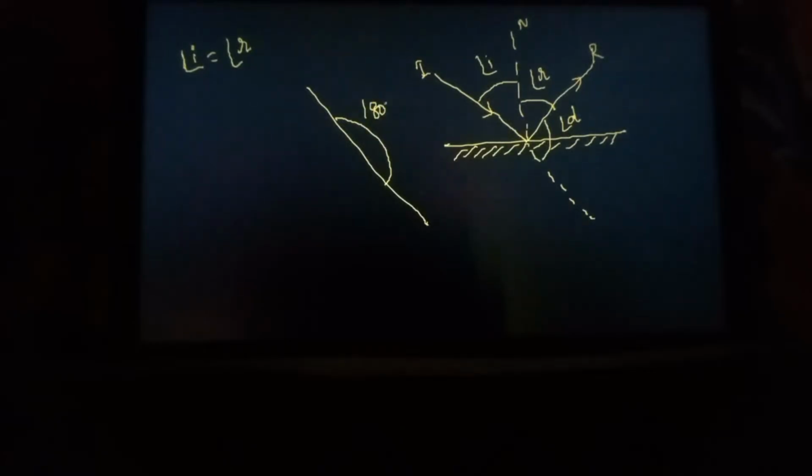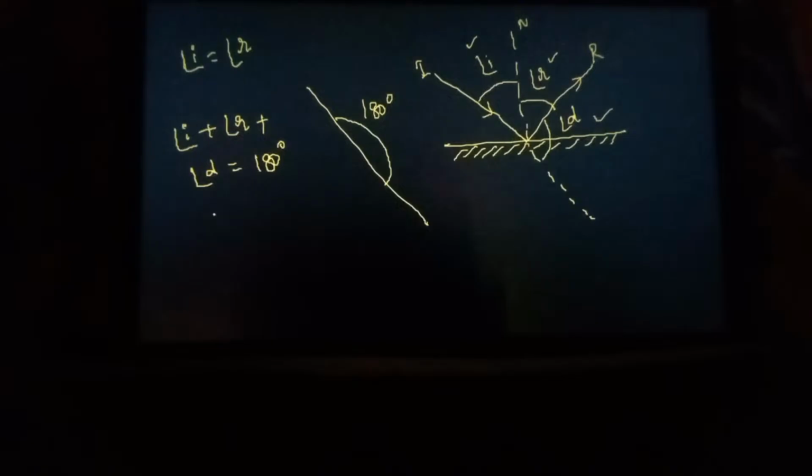These three angles, the angle of incidence, angle of reflection, and angle of deviation, are all on the same line. So that's why I'm taking angle of incidence plus angle of reflection plus angle of deviation equal to 180 degrees.